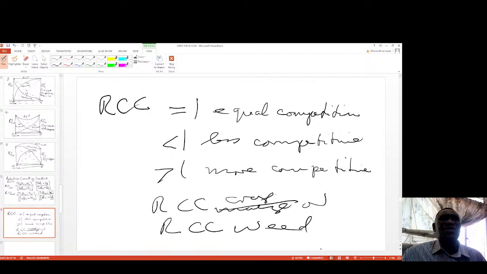So it depends which one you are working out. If you get those values, that's what it means in terms of competitive ability.